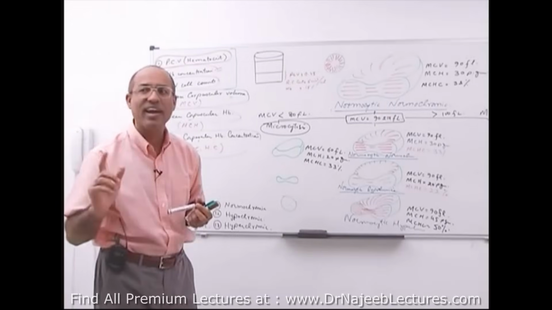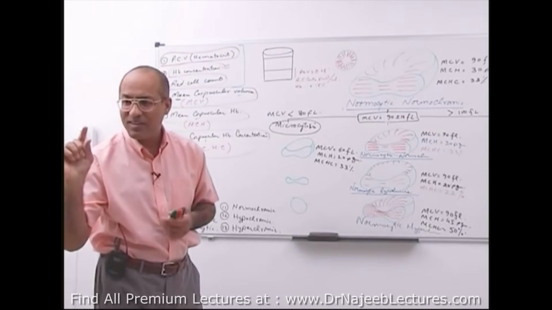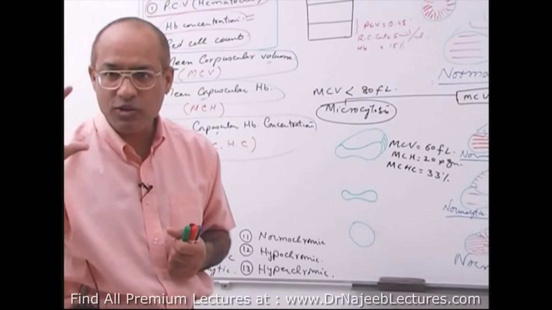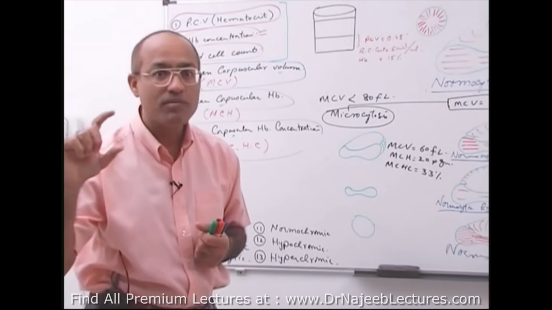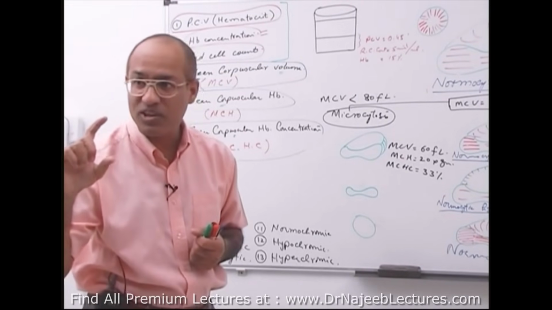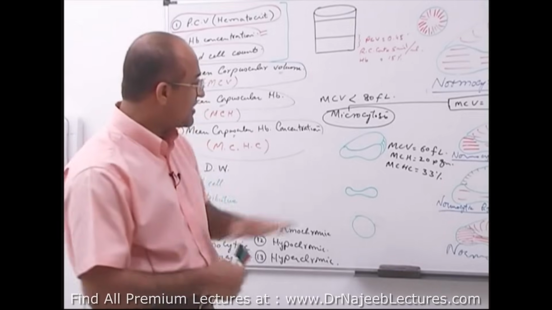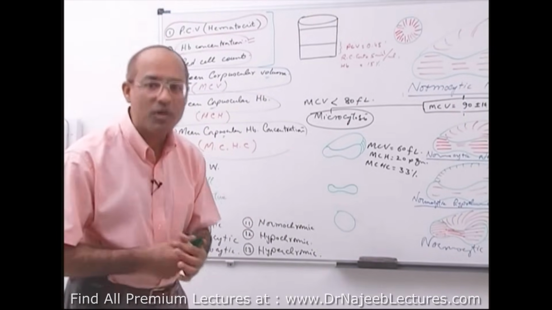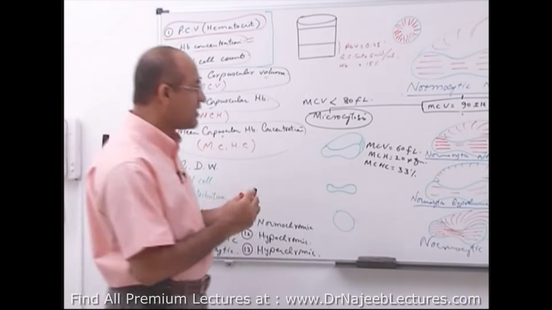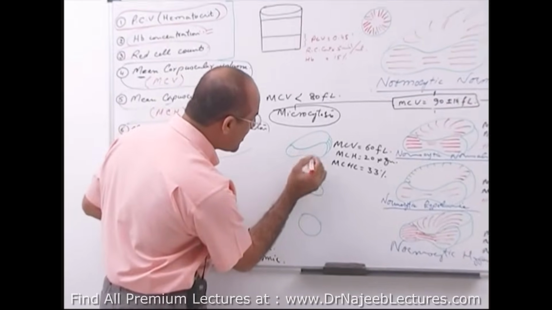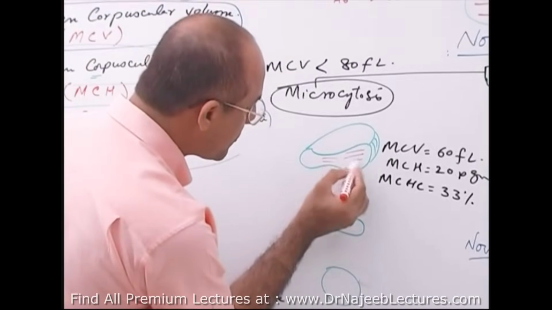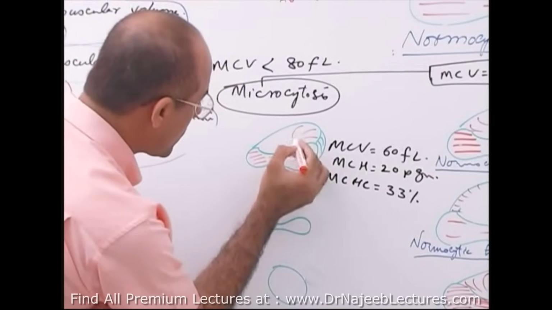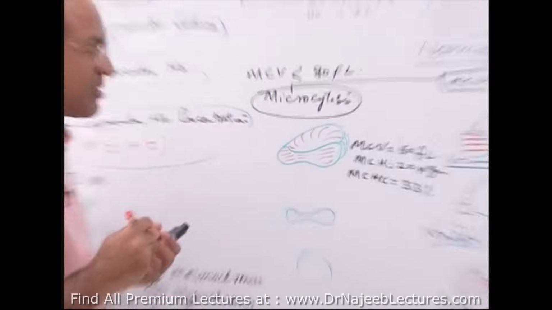So juiciness is okay. It's a smaller orange with a smaller amount of juice, but size is reduced in proportion with the juice, in the same proportion. So we will say that even though it is microcytic, it is normochromic. Even though it is smaller, so what is it?